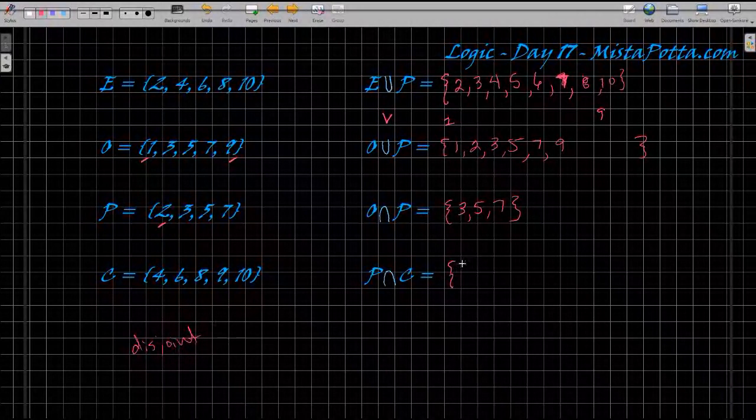And their intersection is an empty set. And so I'll often write just empty braces like this, but you'll often see other mathematicians use a circle with a slash through it to represent the empty set.